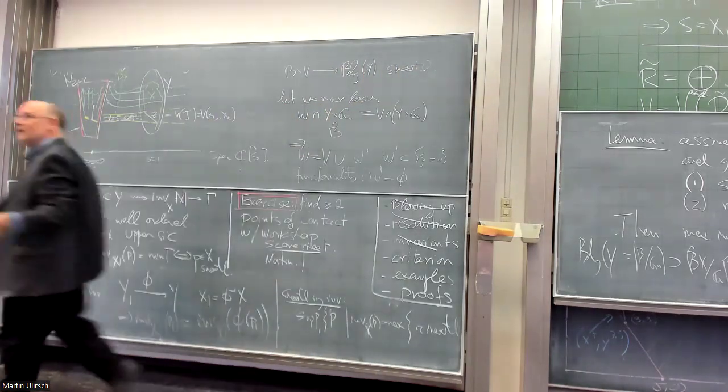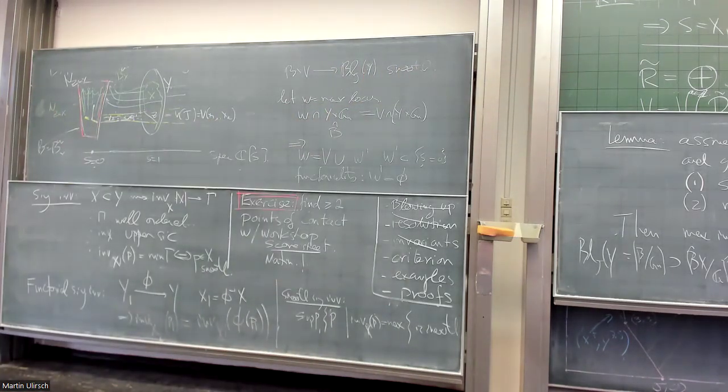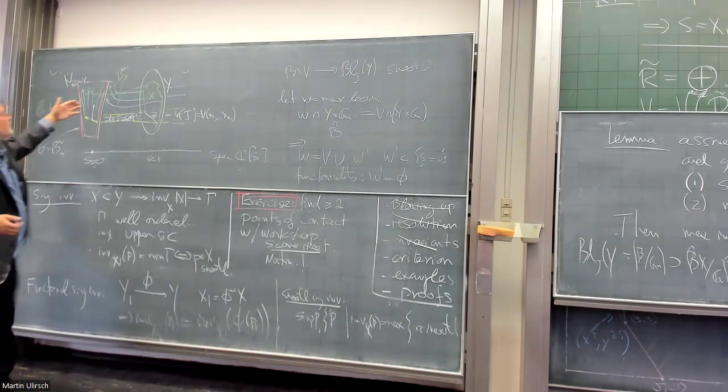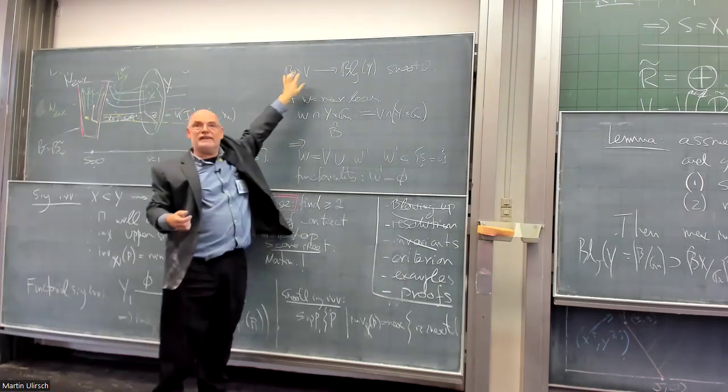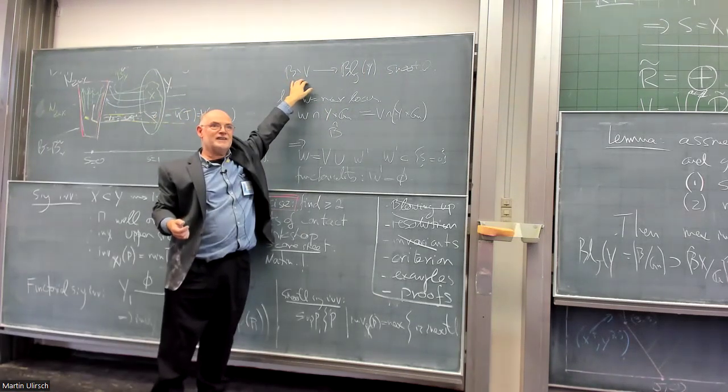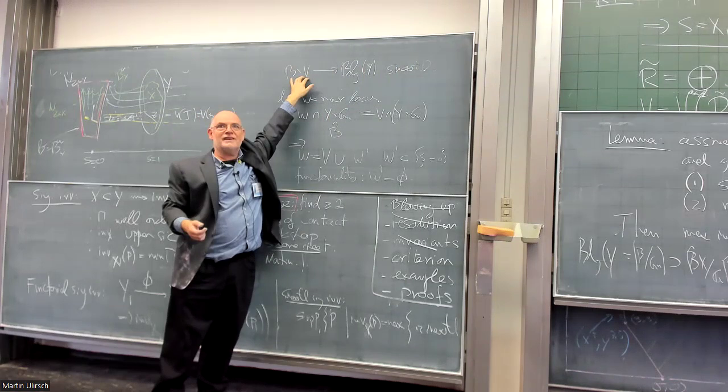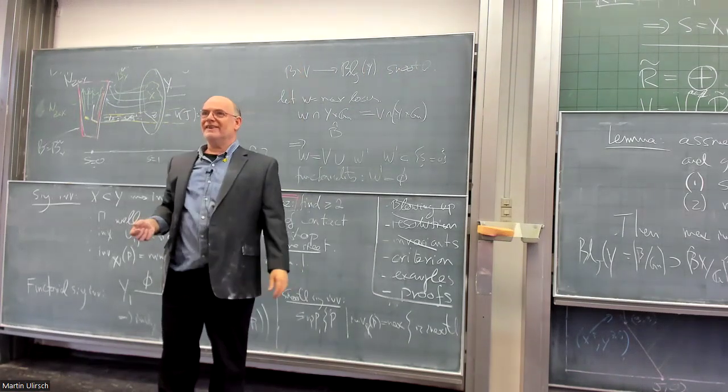So I have a smooth map, and therefore the blowup has the same invariant as the invariant here by functoriality. The invariant dropped here, the invariant dropped on the blowup, and I'm happy.